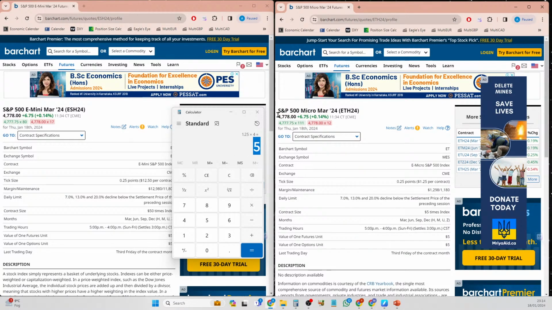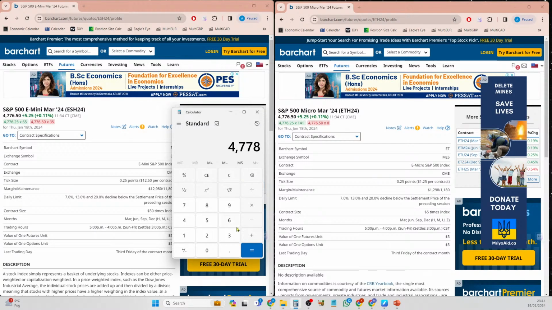So let's say you buy it right now at 4778, and the value of this index goes up to 4780.